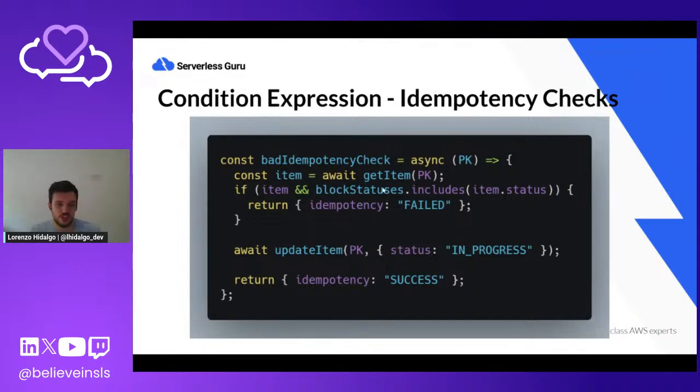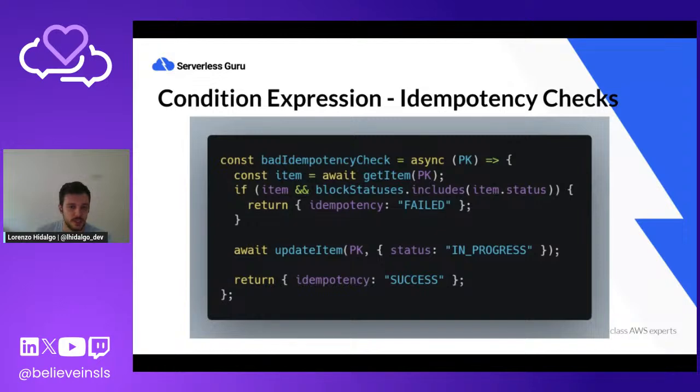If you don't have much logic in between, it will be around 100 milliseconds. So the issue is there won't be any consistency, because if you have two Lambdas running in parallel, there will be a race condition to see who updates the item first. So to resolve that, we can use condition expressions.